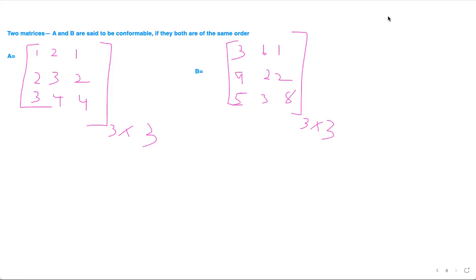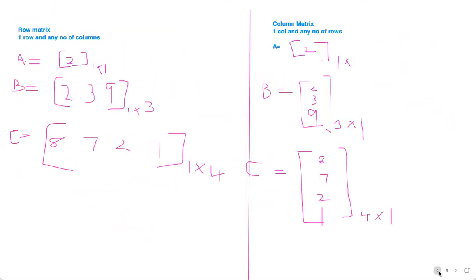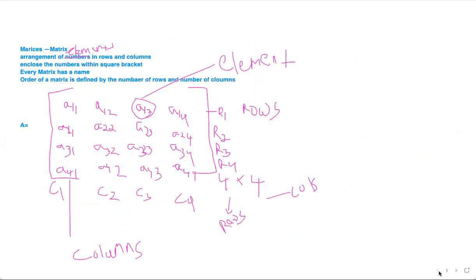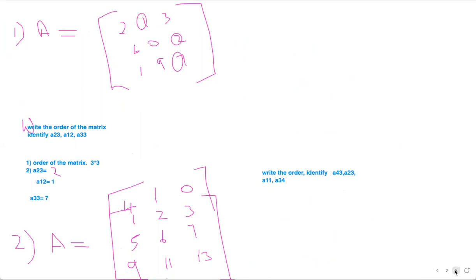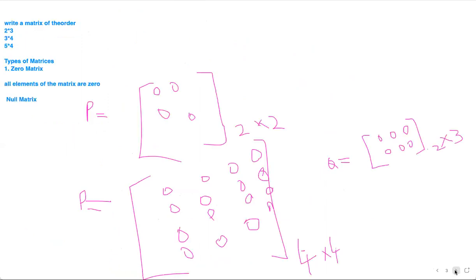Till now, whatever we have done, we saw matrix, properties of matrix, right? And then we saw how to write a matrix, what is order of a matrix, how to identify the elements of a matrix, right? What is a row, what is a column? And then we spoke about types of matrices, null matrix or zero matrix, where all elements are zero.